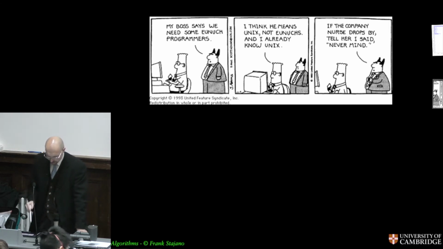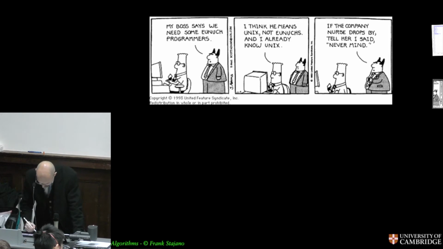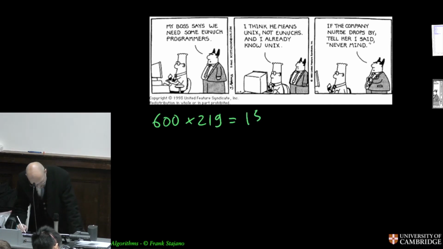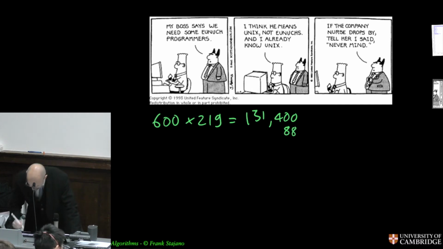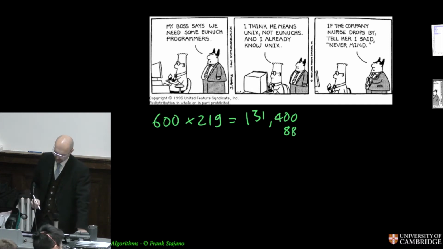So this happens to be 600 pixels across by 219 pixels down. So that gives us 131,400 pixels plus some junk for the header, another 88 bytes of header, and that's the total size on the disk.